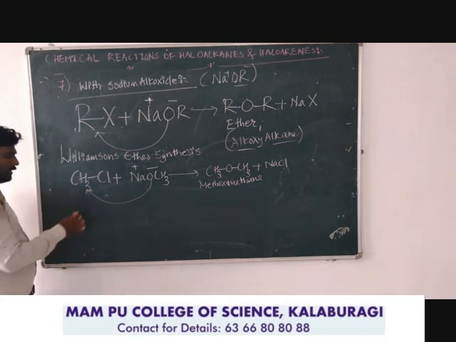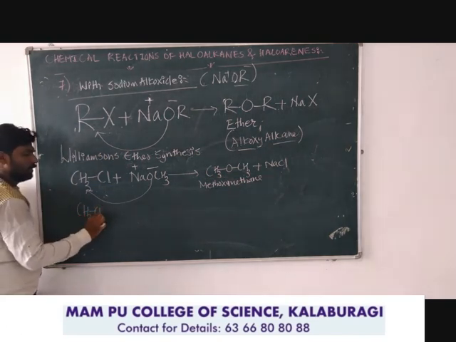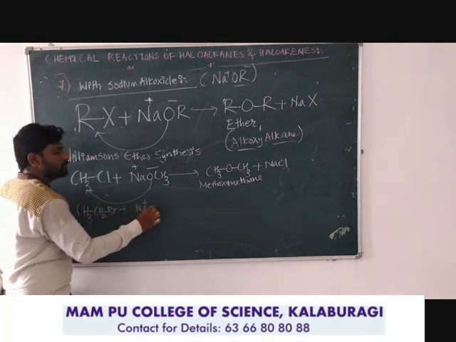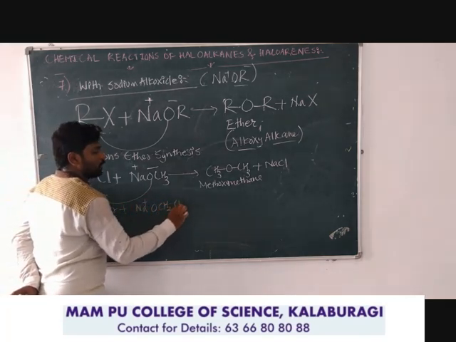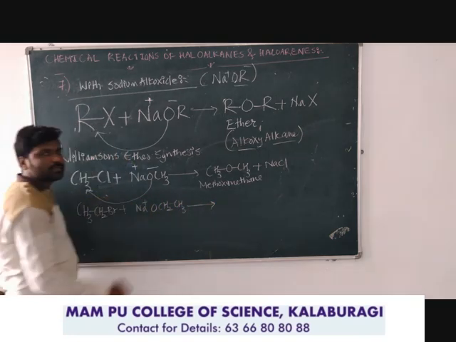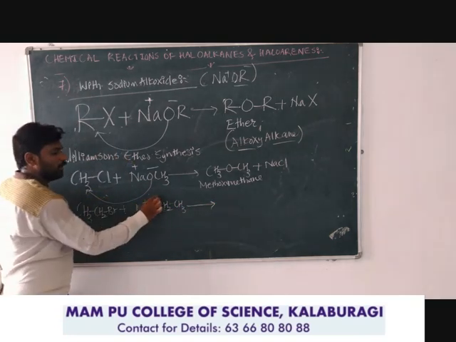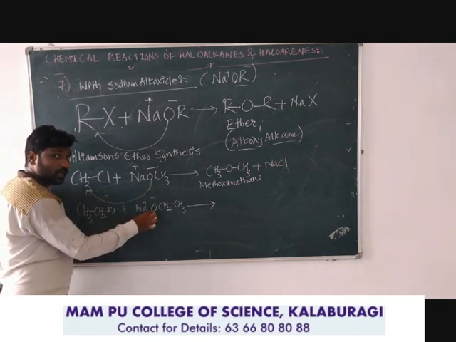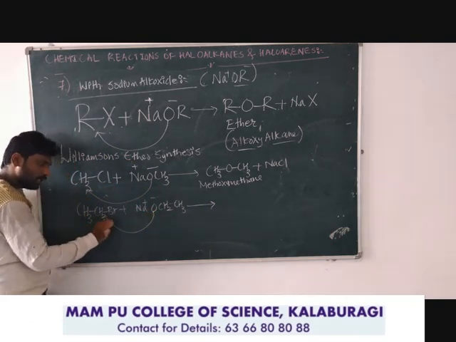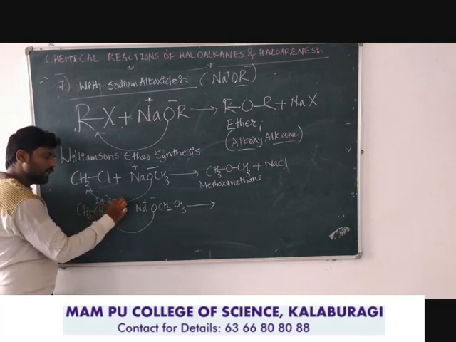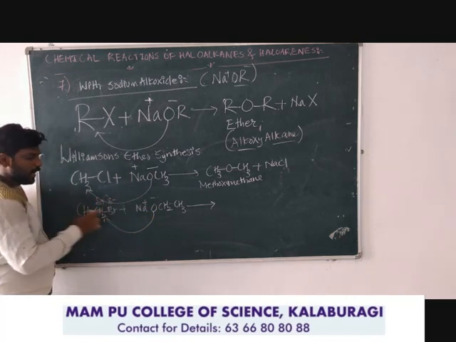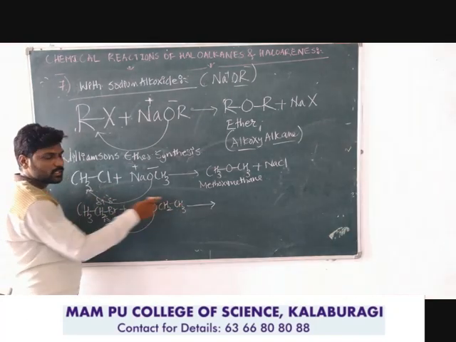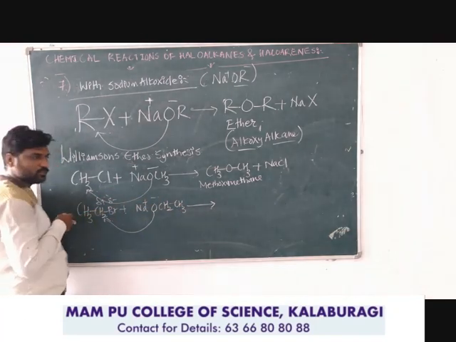Suppose I have taken ethyl bromide and sodium ethoxide, what happens here? This ethoxide group behaves as the nucleophile. The oxygen atom of the ethoxide attacks the ethyl carbon, which is carrying partial positive charge, and the halide ion will be removed, and this OCH2CH3 is bonded to the CH2CH3 of this alkyl.